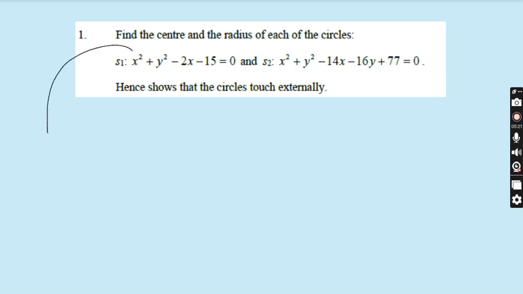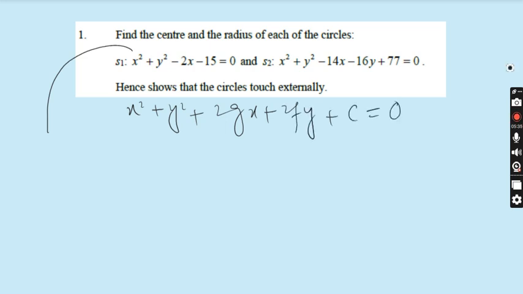First, I have to find the center and radius of both the circles. As you know, this is the general form of a circle: x square plus y square plus 2gx plus 2fy plus c equals 0.